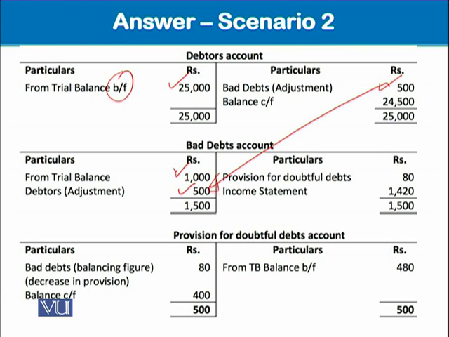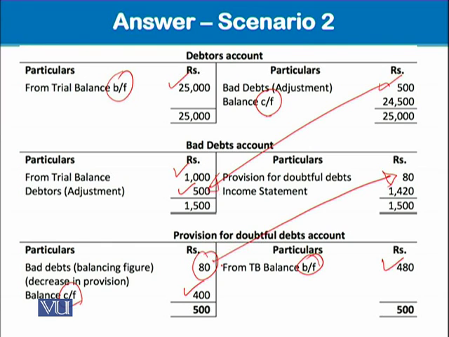Well, closing balance of debtors that would be taken to the balance sheet is 24,500. And this provision is to be reduced or maintained to 400, means there is a decrease of 80. So this 80 will be giving an effect in the credit side of the bad debts account.